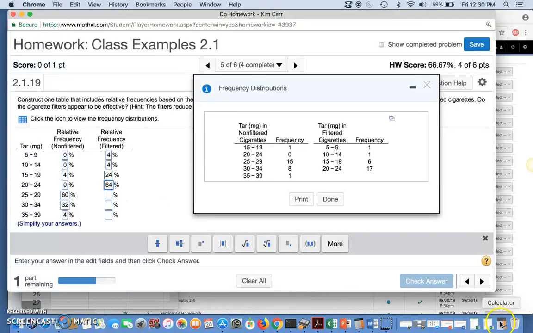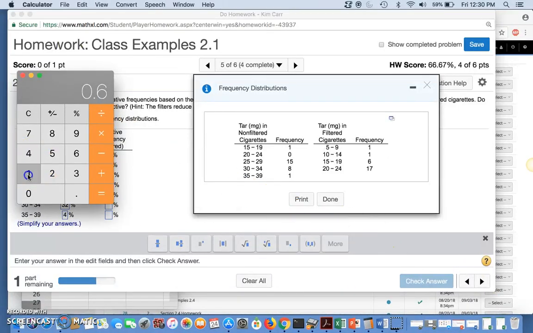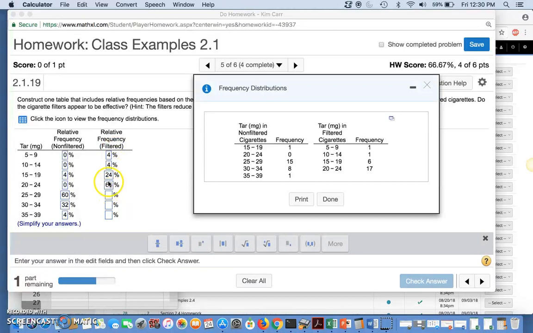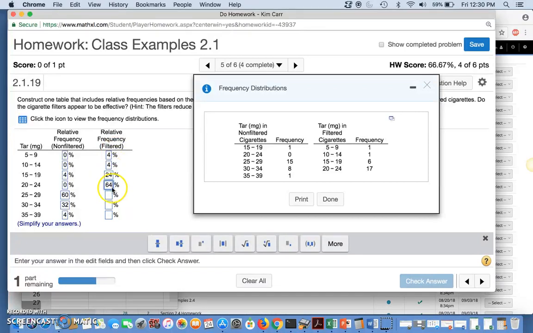Double check yourself if you're not sure. So you could do 17 divided by the 25 times 100. Well, it was 68, so I had it wrong. It's a good thing I double checked myself. My arithmetic's not great when I'm doing a video. It makes me a little nervous. And then, since we've run out of the categories, there's no more over here below 24, we'll fill in with zeros.